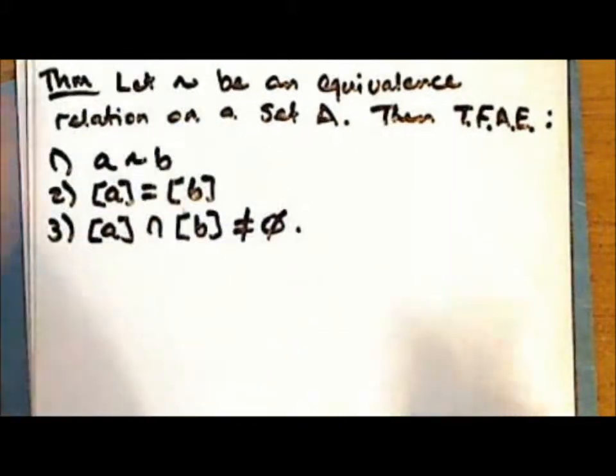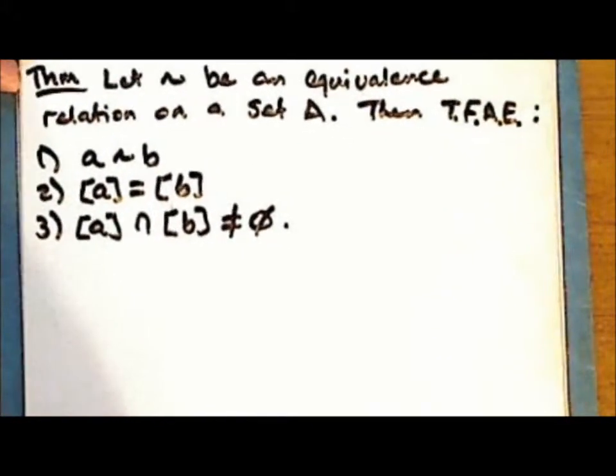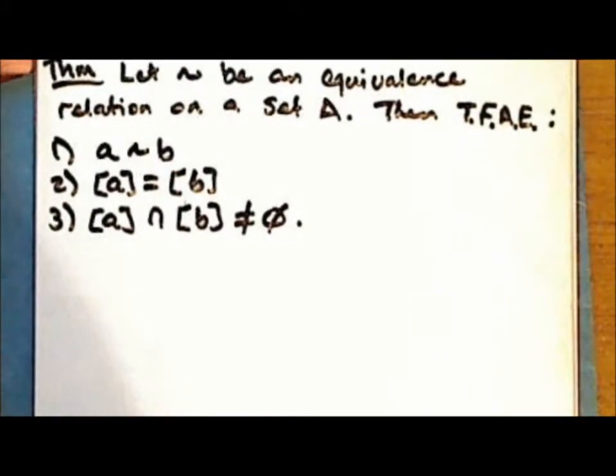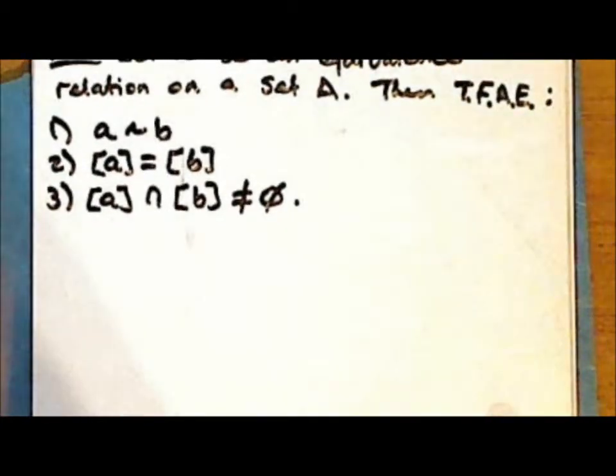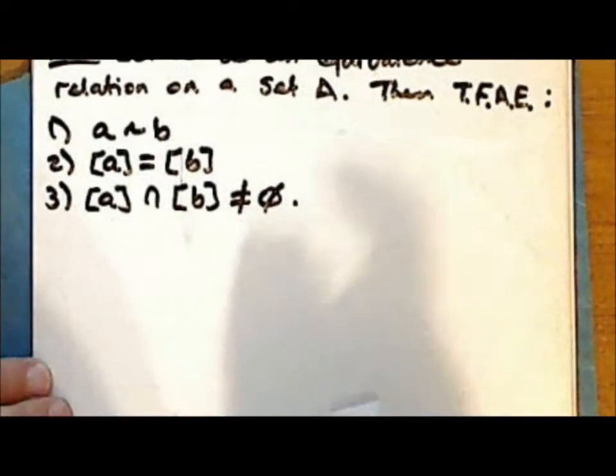Since we're proving that these statements are equivalent, we'll prove a chain: the first statement implies the second, the second implies the third, and the third implies the first, completing the chain, and therefore the three are equivalent statements.